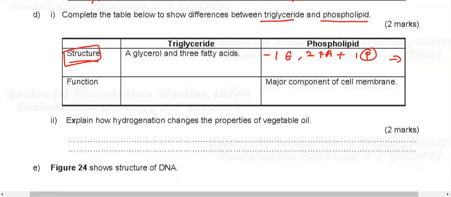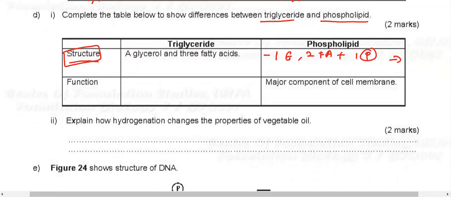And then for function, as you can see, phospholipid is the major component of the cell membrane. And as for triglyceride, its function is energy storage or source of energy, or function as thermal insulation.